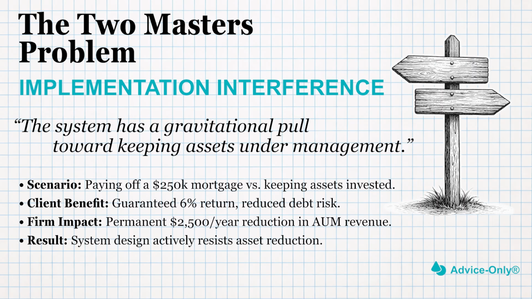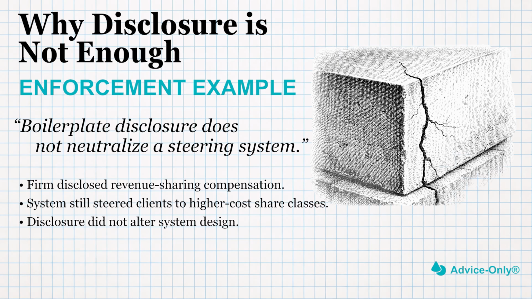The SEC has repeatedly found that disclosure alone does not neutralize conflicts when a firm's systems are still designed to produce specific outcomes. In a widely cited enforcement action involving revenue sharing and mutual fund share class selection, the SEC found that a firm disclosed it may receive revenue sharing compensation, yet still failed its duty of care.